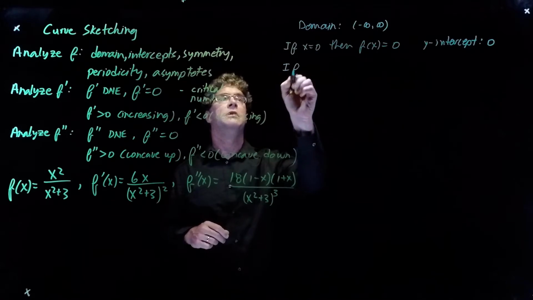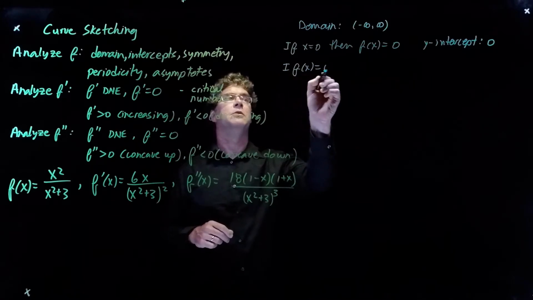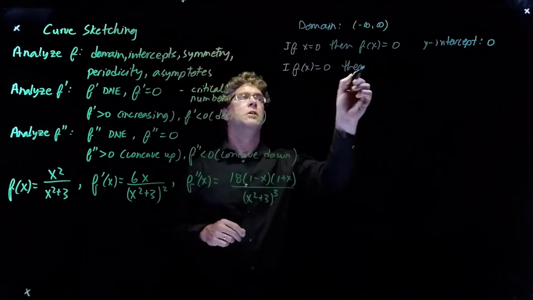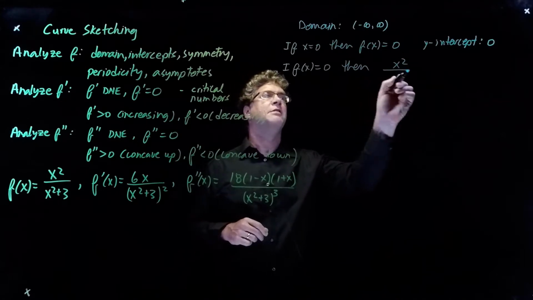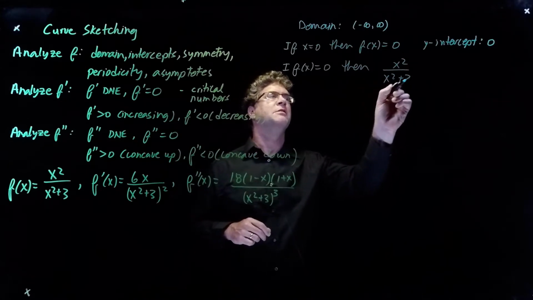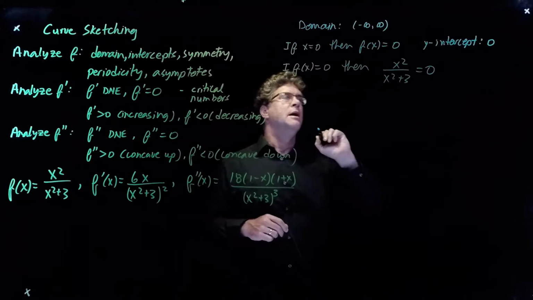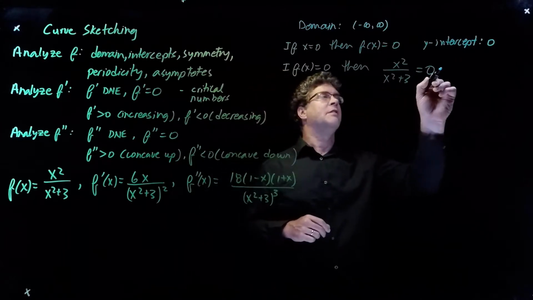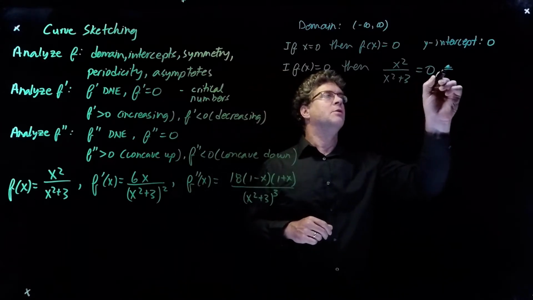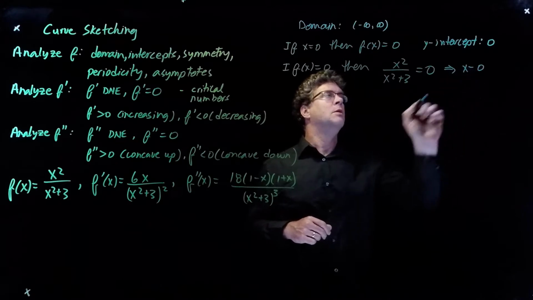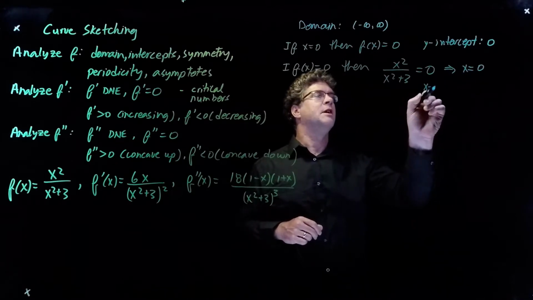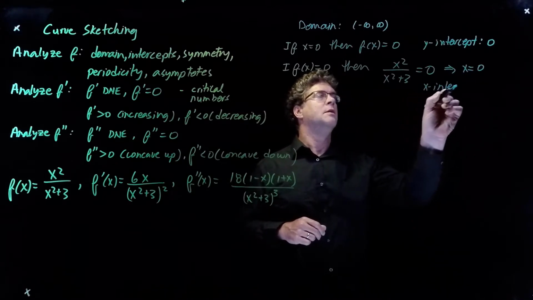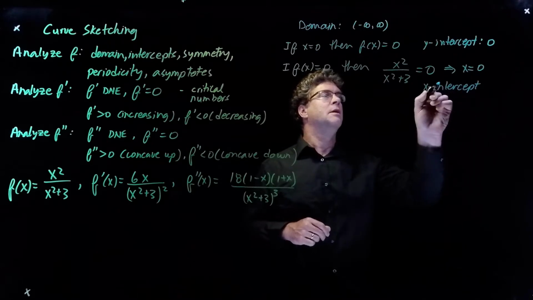If f of x is equal to 0, then we have x squared over x squared plus 3 is equal to 0. And that tells us that x squared is equal to 0. So x is equal to 0. And so our x-intercept is also 0.